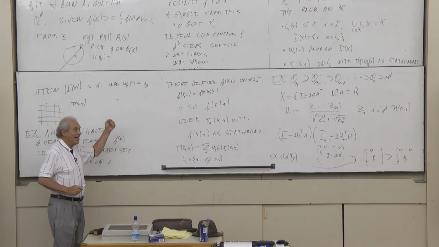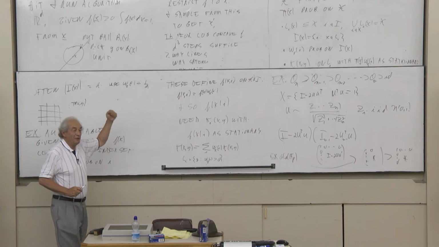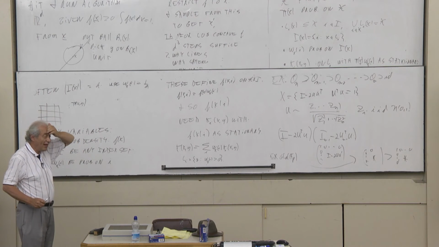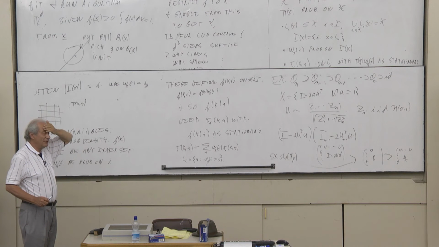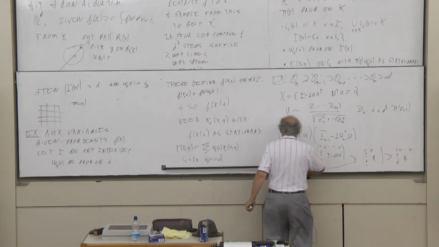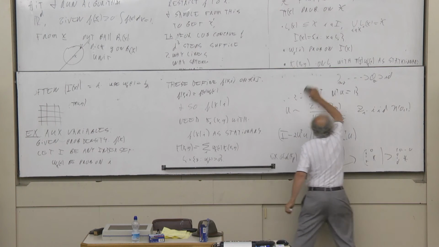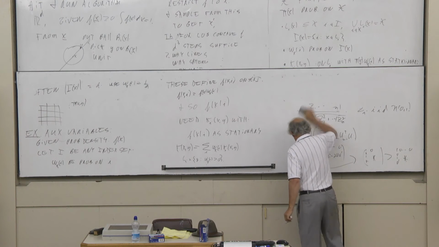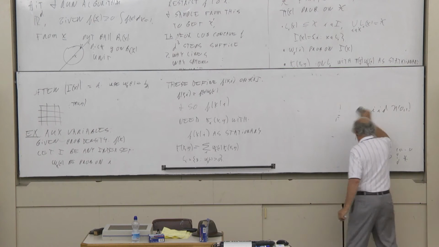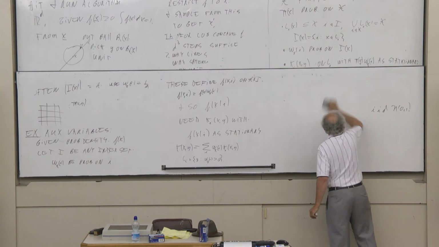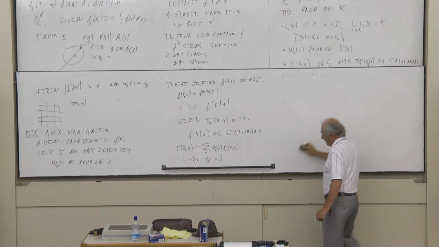So this algorithm is called the auxiliary variables algorithm. It was introduced as an abstraction of the Swendsen-Wang algorithm by Edwards and Sokal in a very, very nice paper. Now the rest of the talk is examples, and it all seems trivial, but it's not so trivial when you get down to work.